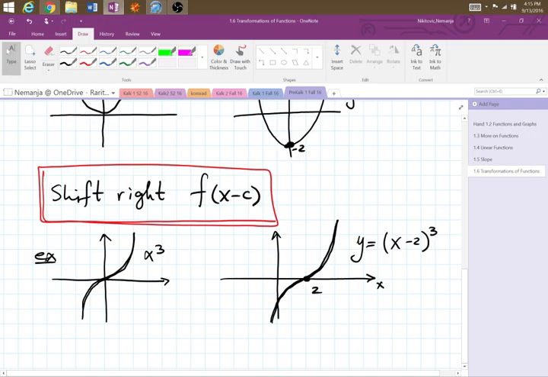And then I have x cubed lifted up 2 units, which is x cubed plus 2. And then I have x cubed minus 2 right here. Observe the differences between these graphs and how they're written.